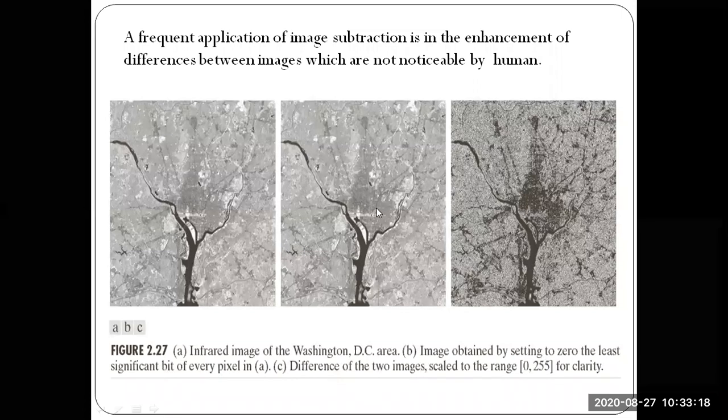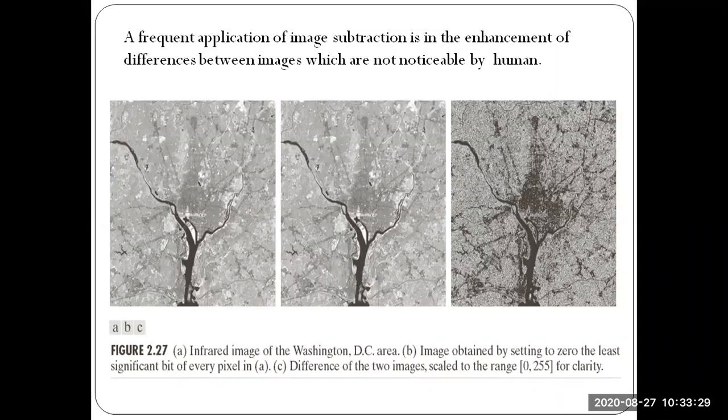Suppose in the first image there is one pixel or dot, and if that is converted into binary, it has a most significant bit to a least significant bit. The least significant bits of all the pixel values are set to 0, and the image will be like this. The first one is the original image.